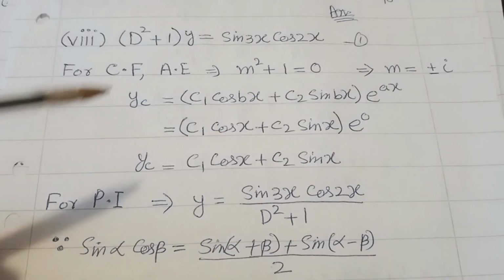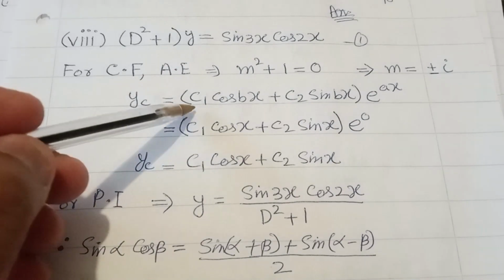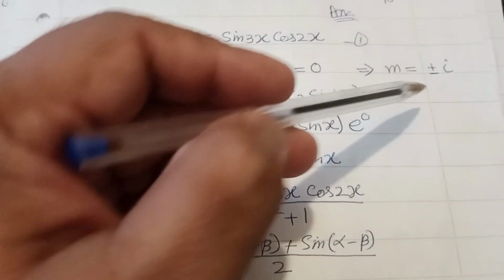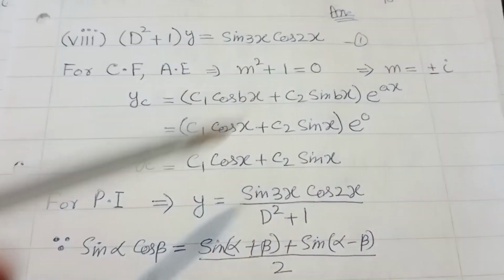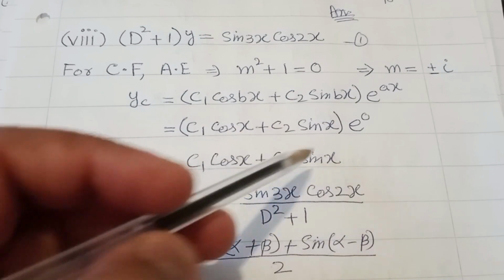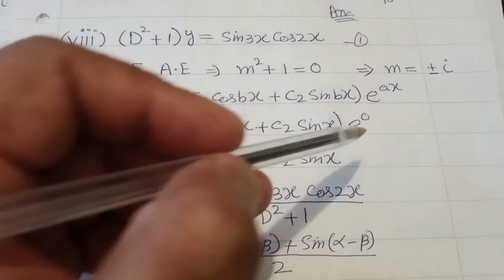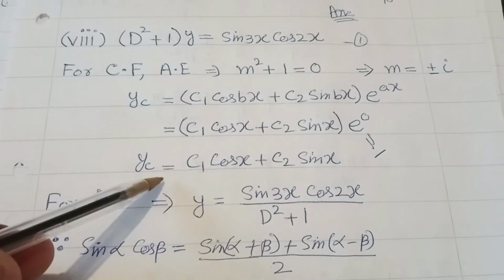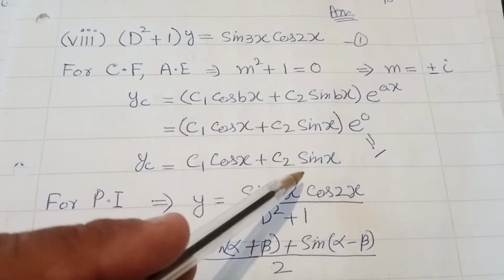In case of complex roots, our solution will be (c1 cos bx plus c2 sin bx) exponential ax. So a is 0, b is 1, so yc is equal to (c1 cos x plus c2 sin x) into exponential 0, and the value of exponential 0 is 1. So yc is equal to c1 cos x plus c2 sin x.